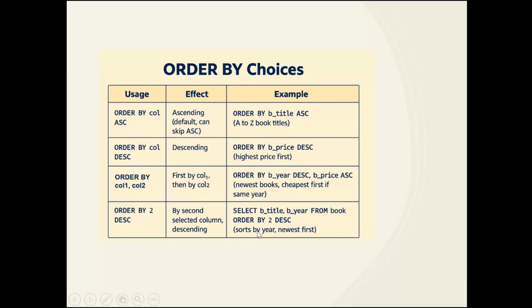The meaning: it sorts by year, newest first. The second column will be descendant too. I mean the book year is the first and the book title is the second. Okay, so this is how to use ascendant and descendant.